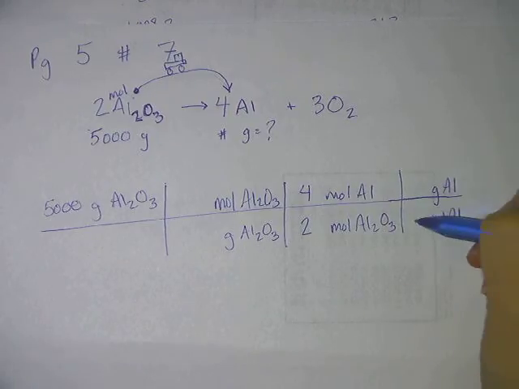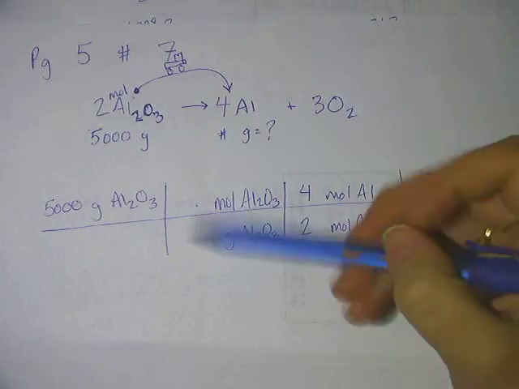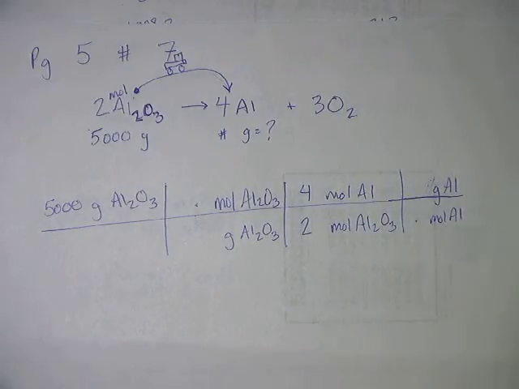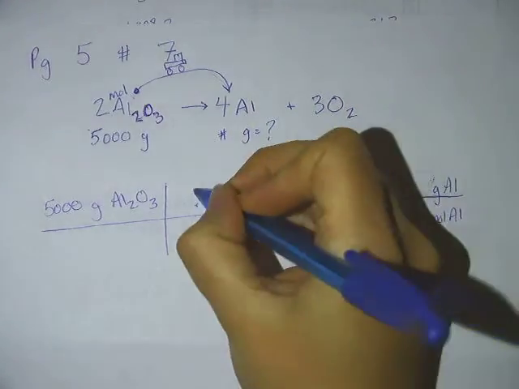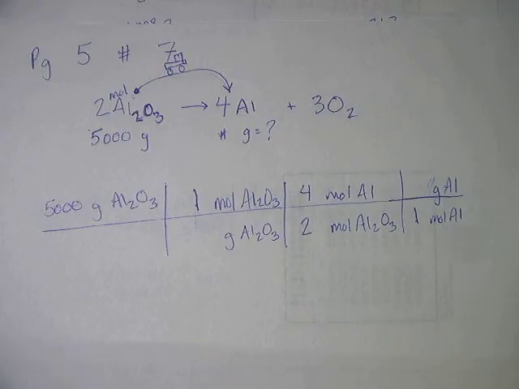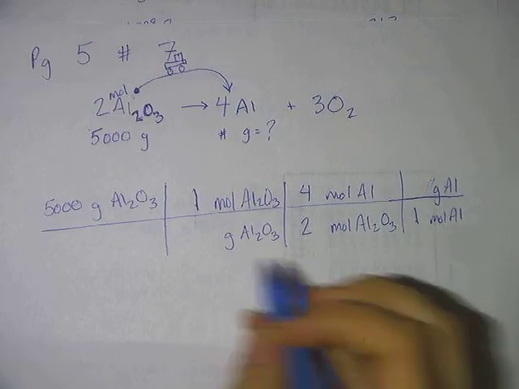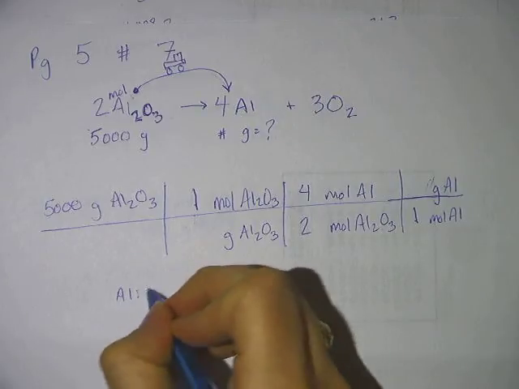And again, in these fractions that have moles and grams in the same fraction, the number of moles is always 1. Grams come from the periodic table. So for aluminum oxide, you're going to have to add it up.